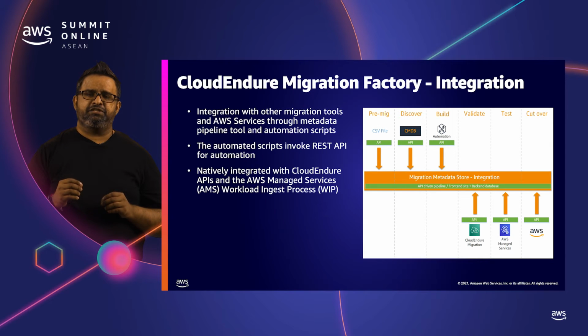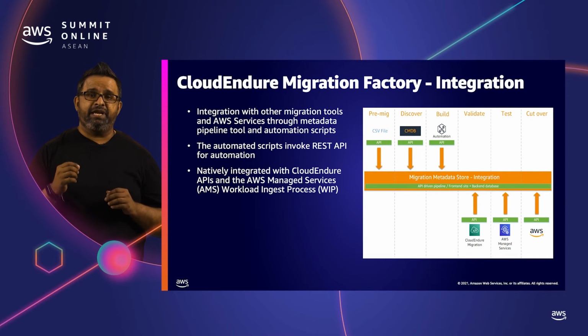It is very essential to understand the integration provided by CloudEndure Migration Factory. The CloudEndure Migration Factory leverages DynamoDB as a metadata store for integration. Inventory can be ingested into the solution via CSV import or through REST API integration with existing CMDB solutions.